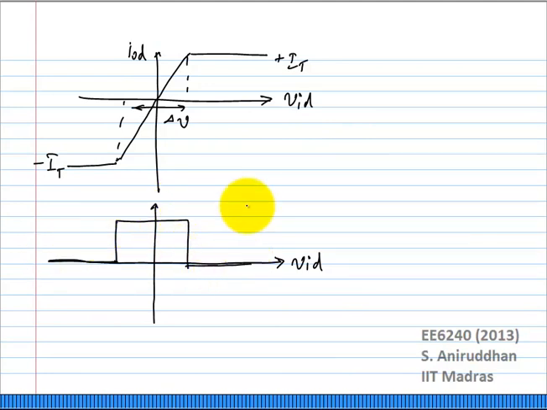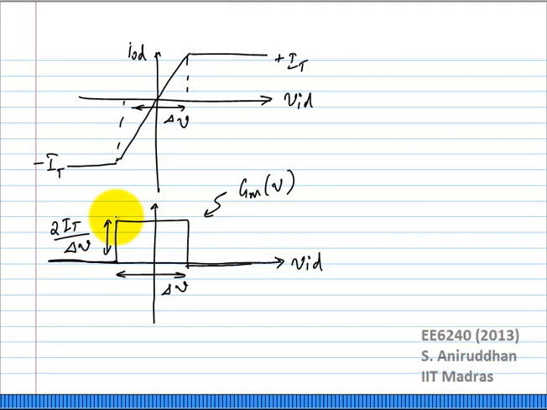This is your GM of V or GM of delta V, where this is delta V. What is the height of this? This is nothing but 2IT by delta V. Okay.